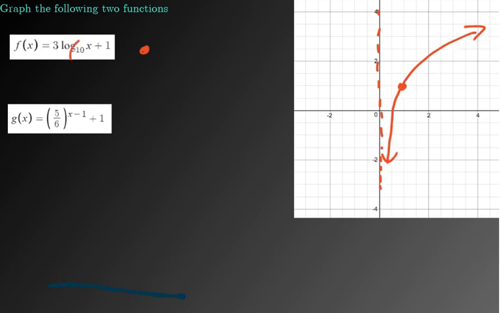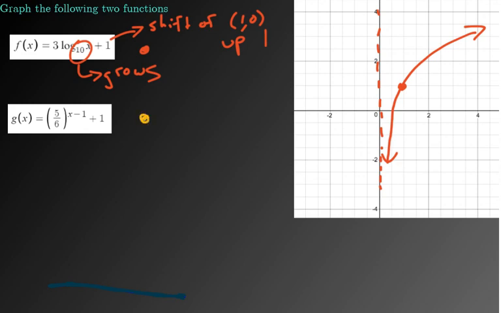We just know that because there's a 10 there, it grows. And we know this we can definitely see is a shift of 1, 0, up, 1. And then, there's no shift left to right, so we still have that vertical asymptote. So that's kind of that one.